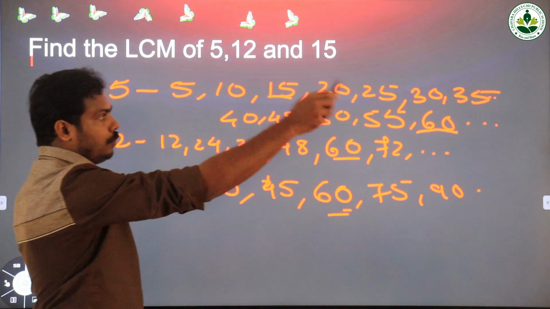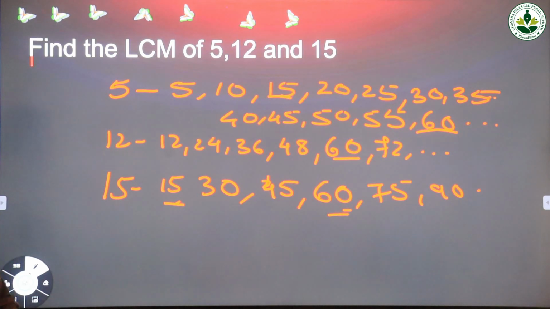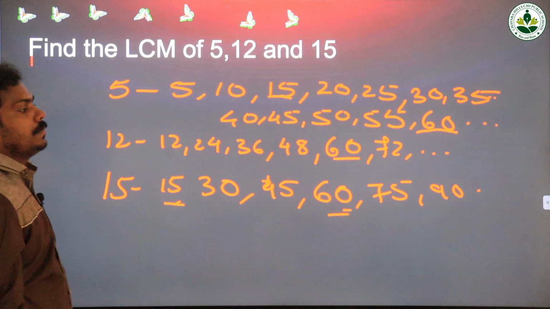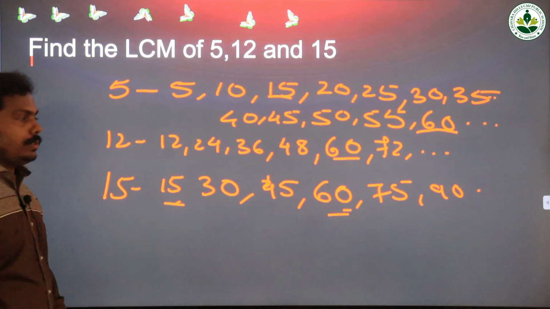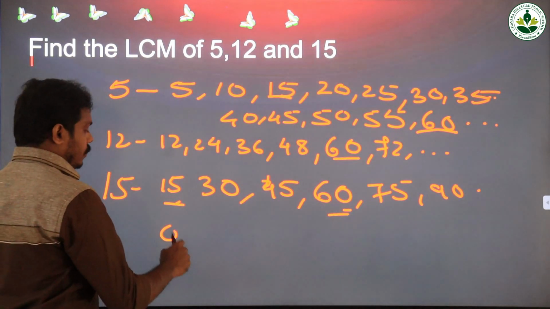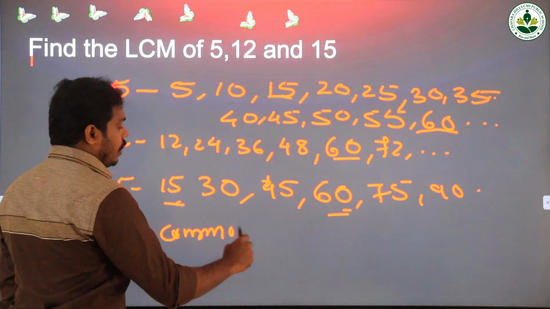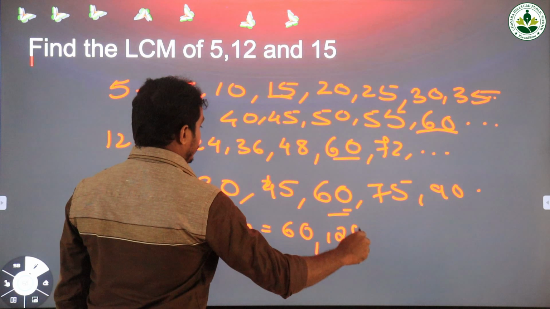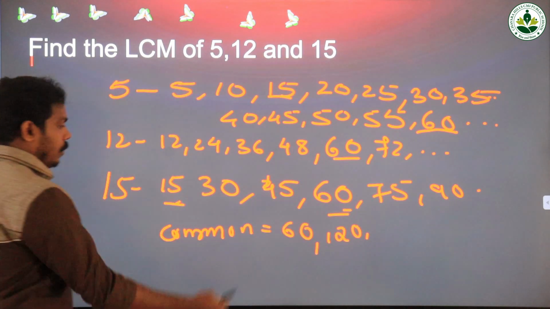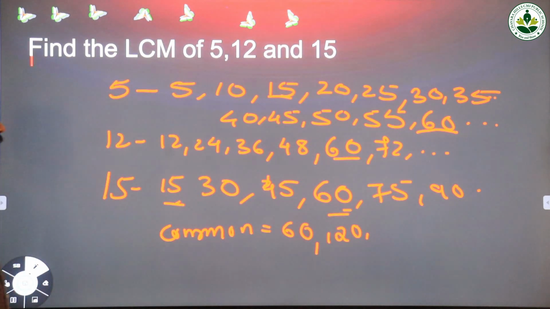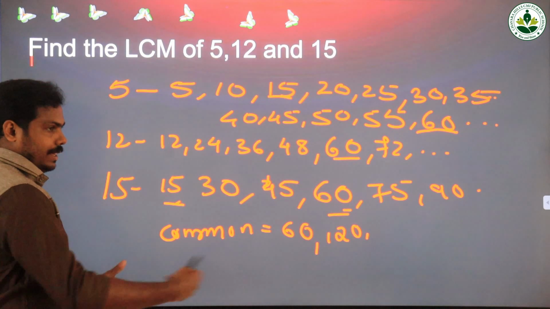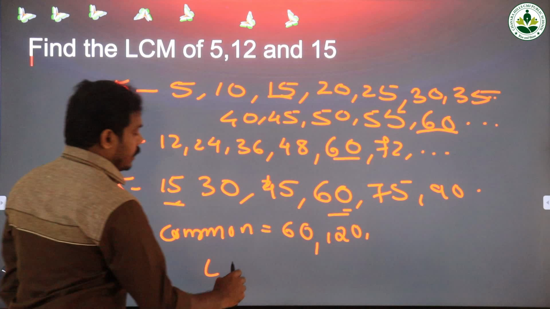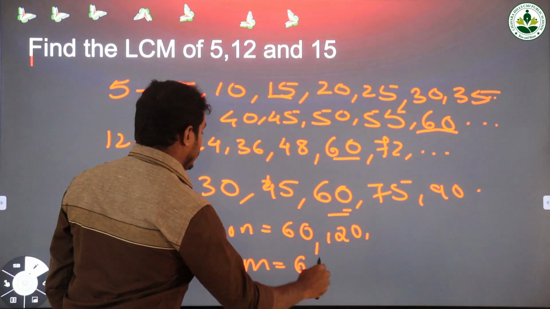Then if we move forward, we get other multiples, but here we need to find the least one. From the common ones, 60 is the least. If you find the other multiples, we get 120, etc. From these multiples, the least common multiple, that is the LCM, is 60.